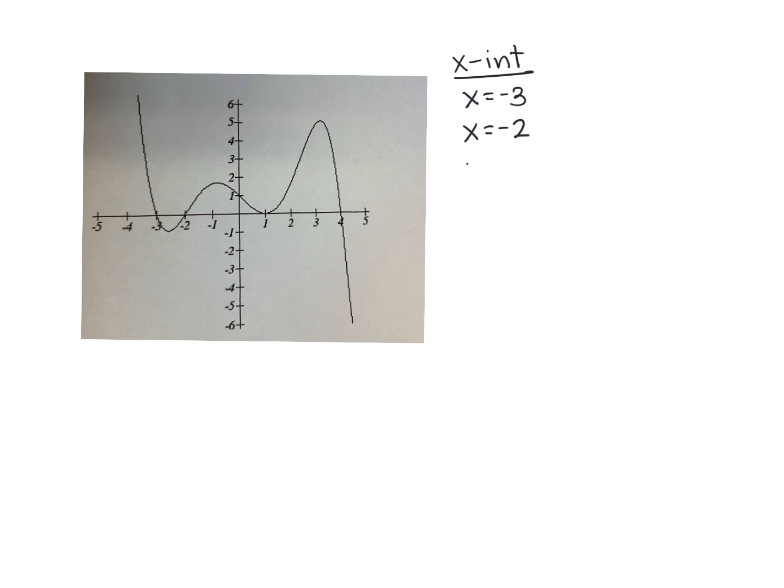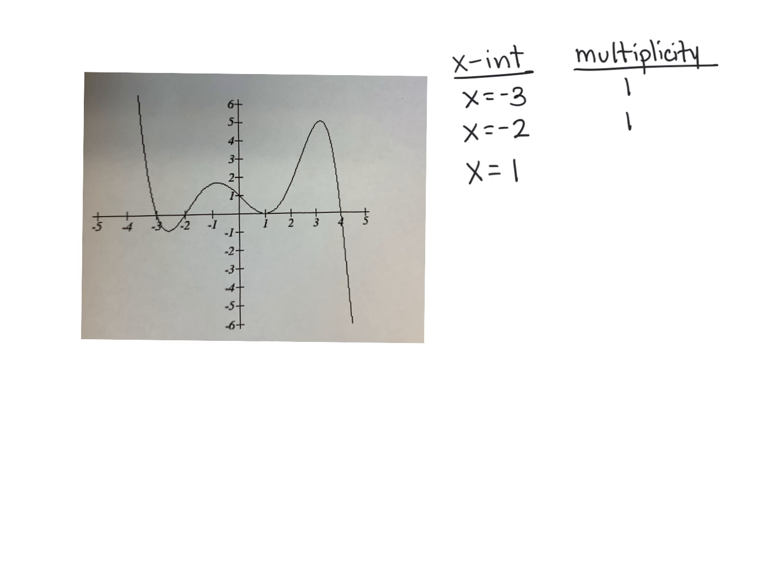Now when I look at the next one, I have x is equal to 1. Now notice, please, that this one hits the x-axis, but it does not go below it at that point. So this one is where we have to talk about our multiplicities, all right? So multiplicity, if it's not given to you, or you're looking at it and can tell that it cuts through the x-axis, then you are under the assumption that it has a multiplicity of 1.